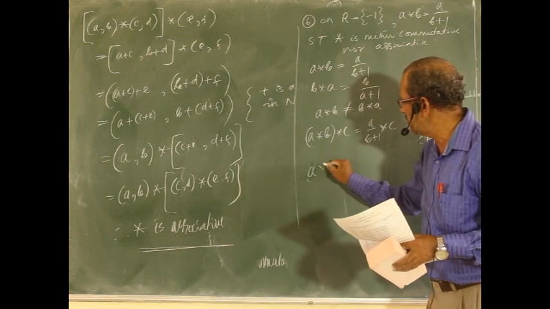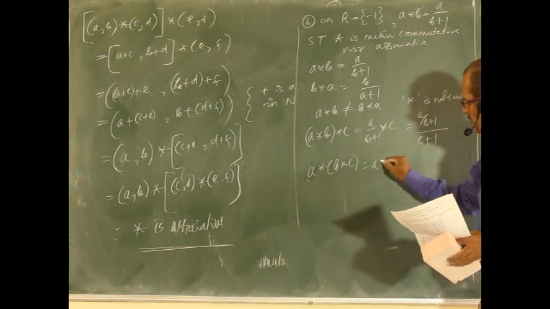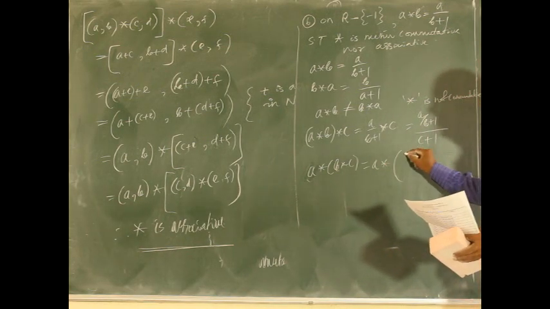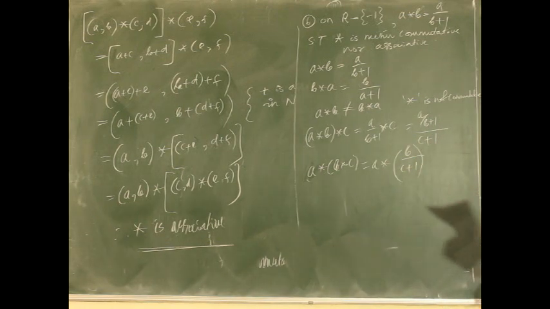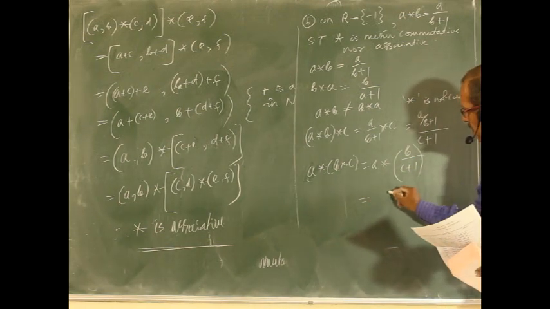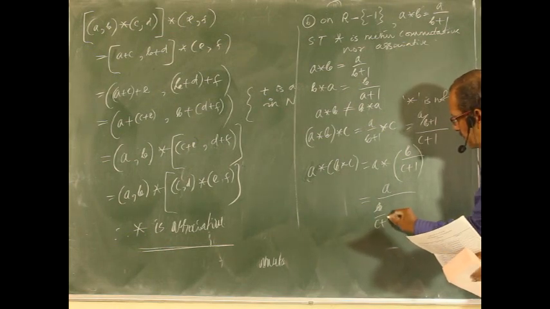Then a star b star c equal to a star, first number divided by other number plus 1.